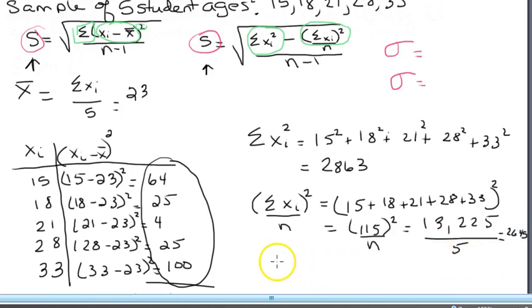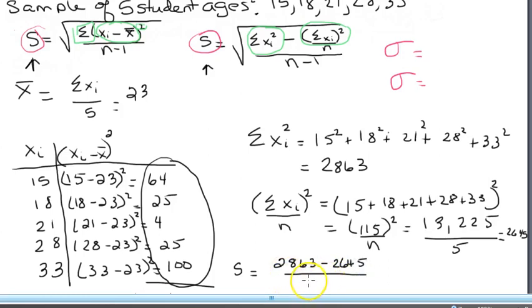So to calculate the standard deviation here, I have the summation of xi squares, 2,863, minus the summation of the xi's, that squared divided by n, which was my 2,645.